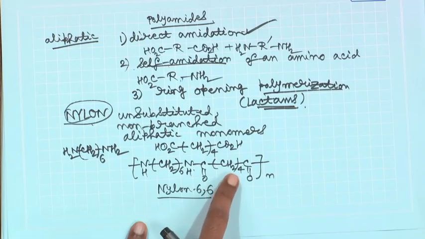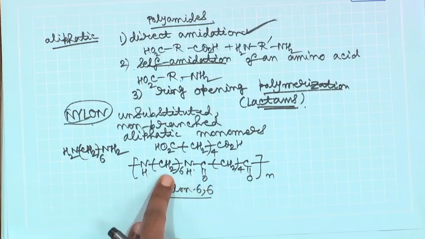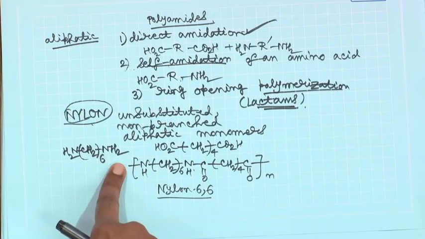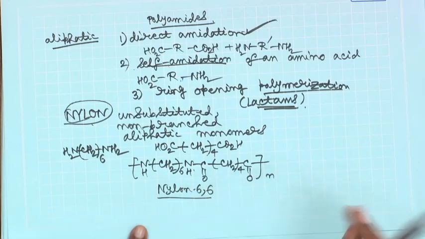So, it is 1 plus 1, 2, plus 4, 6, that is why it is nylon 6,6. Okay. So, when you are producing nylons through direct amidation, they are designated by these kind of numbers. So, there will be two numbers. So, you could have nylon 4,6. If it is nylon 4,6, then instead of hexamethylene diamine, it will be tetramethylene diamine, and so on. So, those kind of things you should keep in mind.